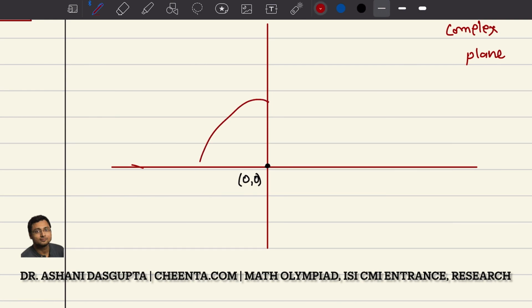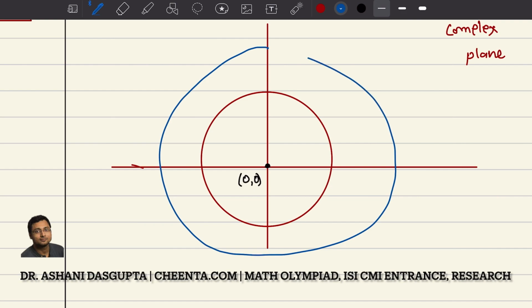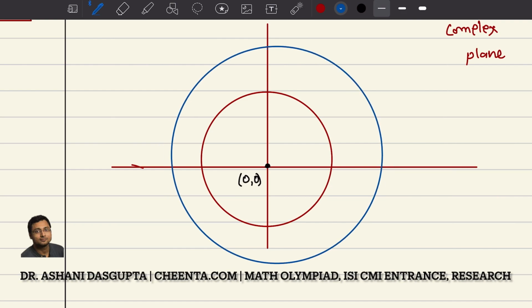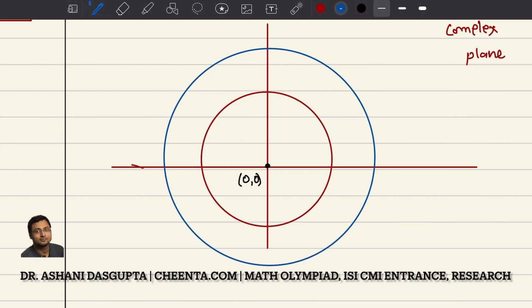One of them is of radius 2 and the other one, let me draw that in blue, it's of radius 3. So the red circle has radius 2 and the blue circle has radius 3.